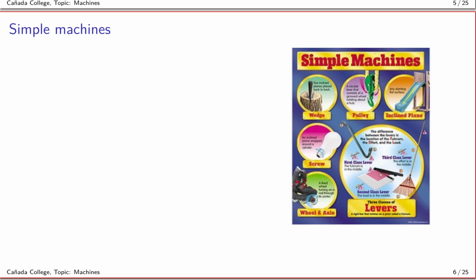Okay. Now, in the context of machines, you can categorize them into two types. The first one is what is known as a simple machine, and in the figure here you can see the various types of simple machines that are out there: the wedge, a pulley, an inclined plane, a screw, a wheel and an axle, and levers.